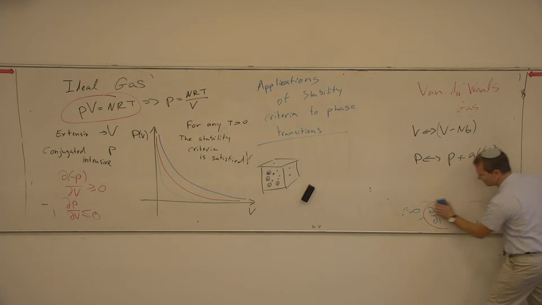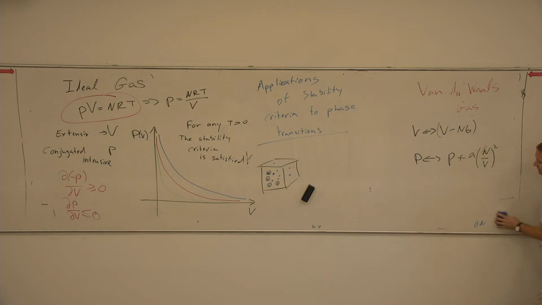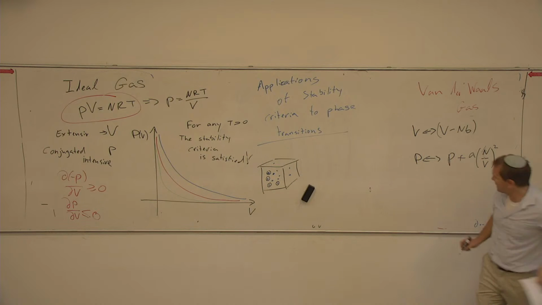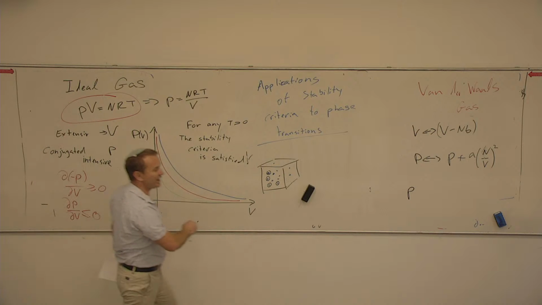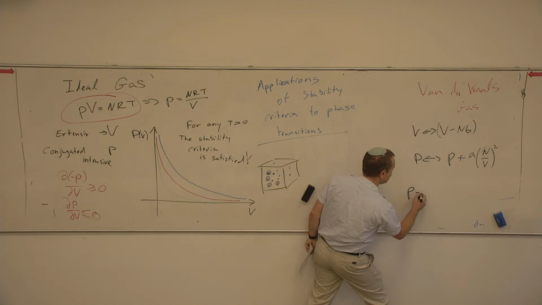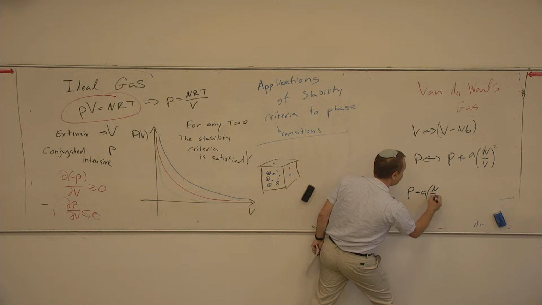Eventually, let me write down the equation as van der Waals wrote it. Instead of just taking this P over here, we take a modified pressure, P plus a over V squared.